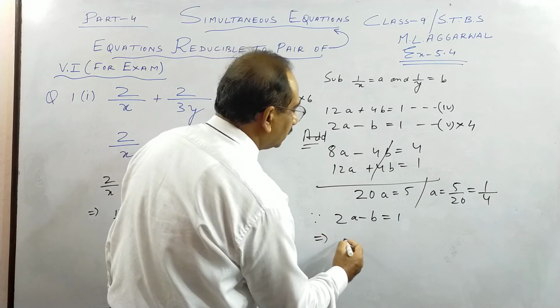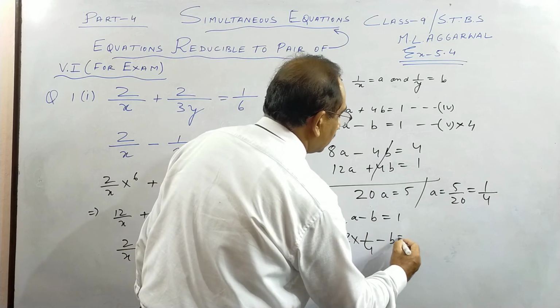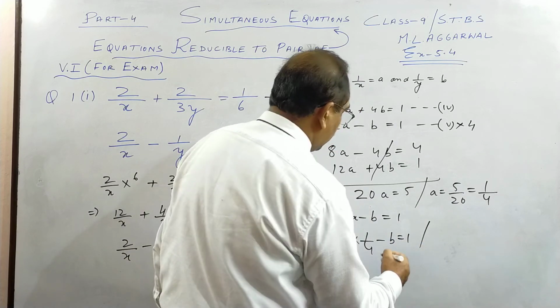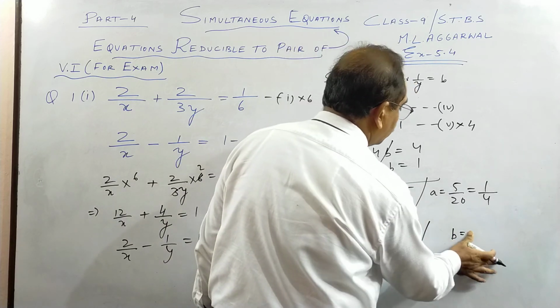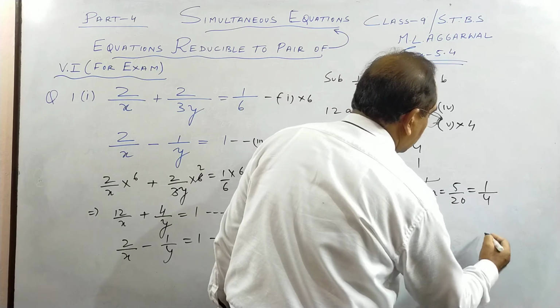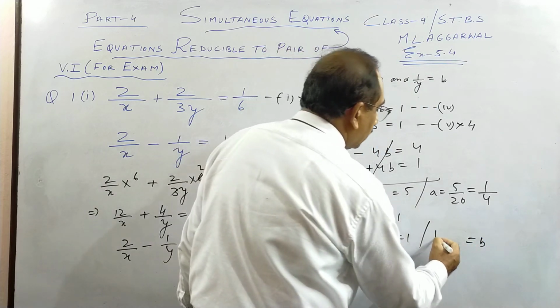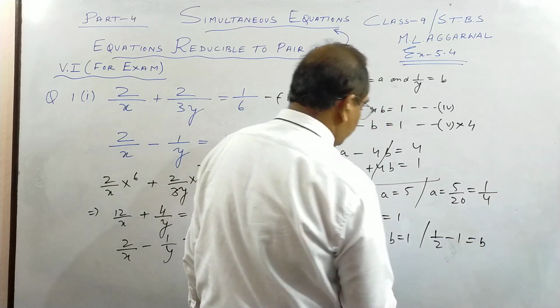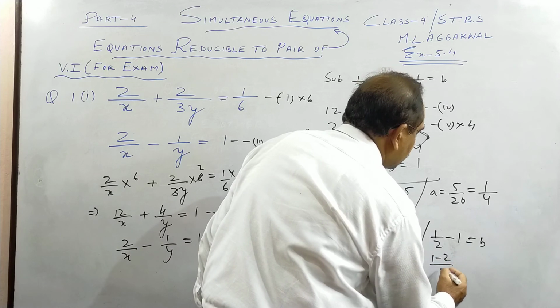Therefore 2a is 1 by 4 minus b is 1. So what I get, b you take to that side, and 1 comes here, so it is half minus 1. So you get b as 1 minus 2 by 2.